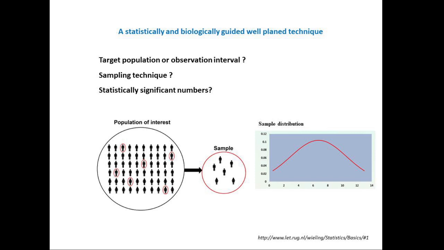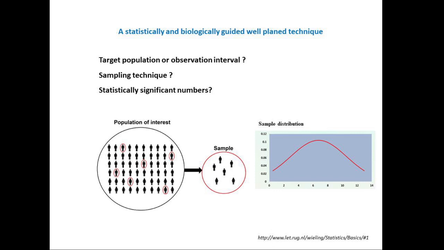Suppose you are sampling certain microorganisms or making observations during in vitro studies. You need to find out the interval of observations, and which sampling technique you have to use. You have to identify whether the number of samples is statistically relevant and significant or not.